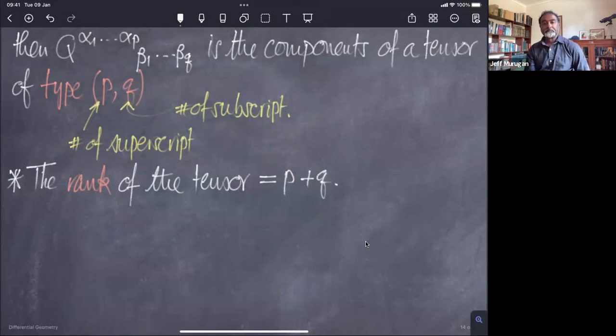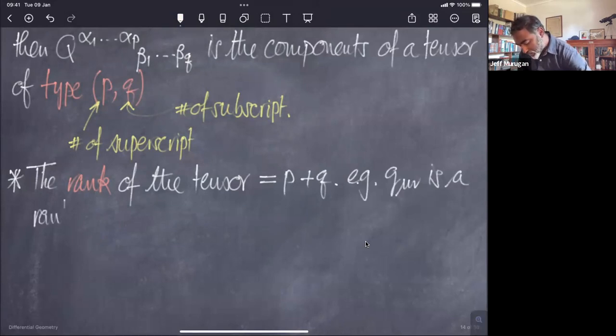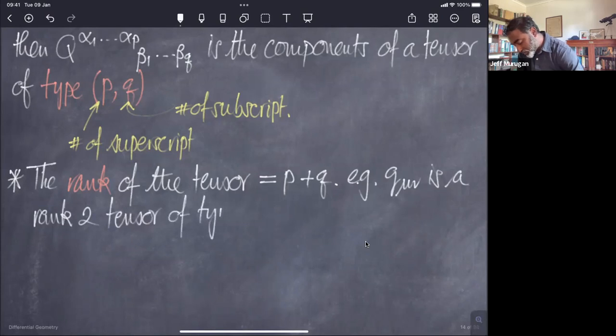Okay. So as an example, the metric tensor, G mu nu, is a rank 2 tensor of type 0, 2.